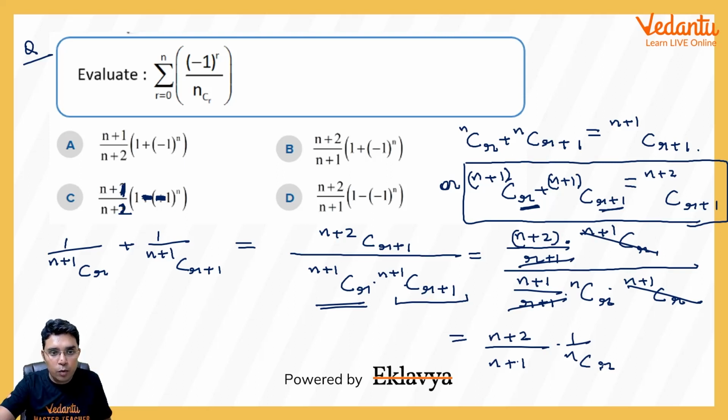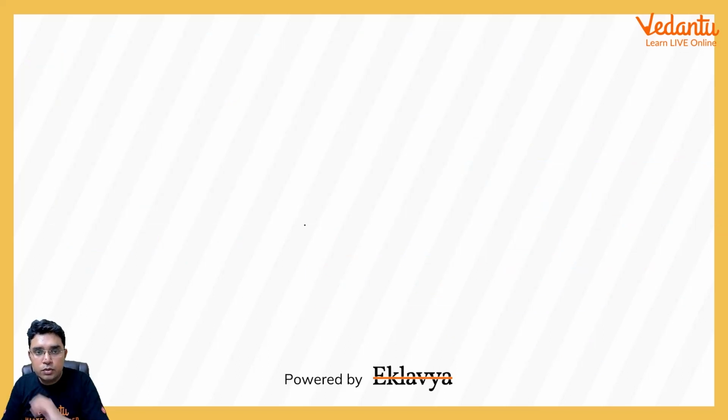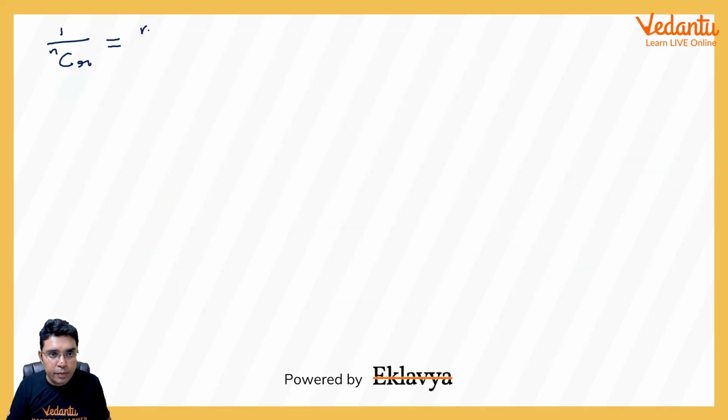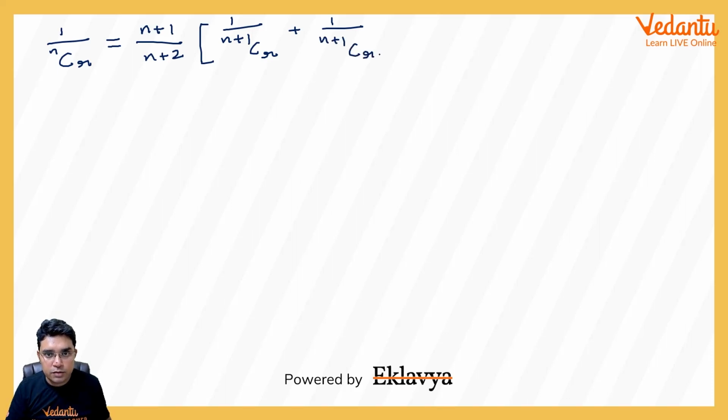So let me copy this solution. Let me write 1 upon nCr now. So can I write 1 upon nCr equal to, and here we will get n+1 in the numerator, n+2 in the denominator. And here it is 1 upon n+1Cr plus 1 upon n+1Cr+1.